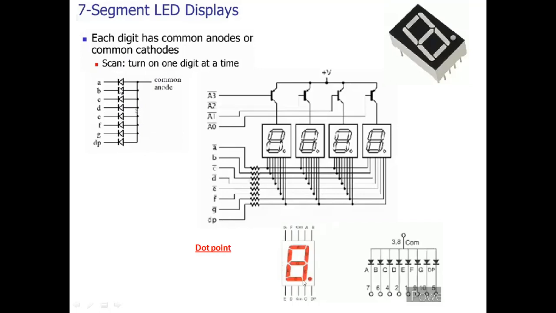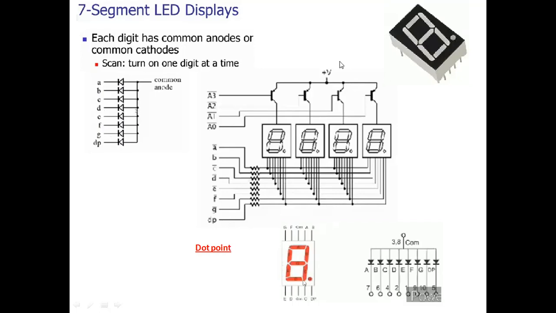And A, B, C, D, E, F, G are the individual segments of a segment display, as you can see here. Let's say this can be one segment, A segment, B, C, D, E, F, G segment, along with the decimal point.